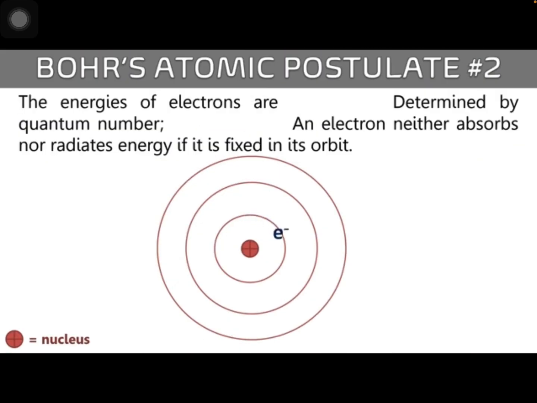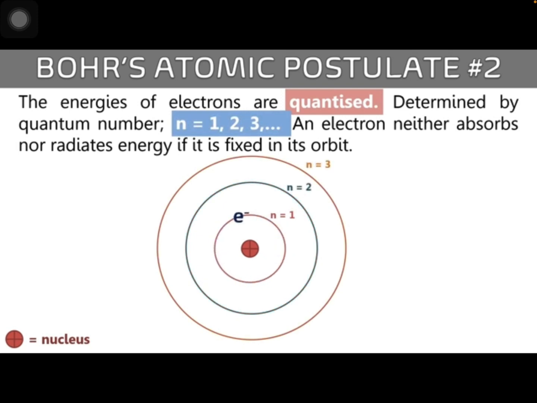Energy of electrons are quantized, which means it is fixed, determined by the quantum number n equals to 1, 2 and 3, any integer. An electron will not absorb or radiate energy if it is in fixed orbit. So kita boleh cari energy at that level for that electron.